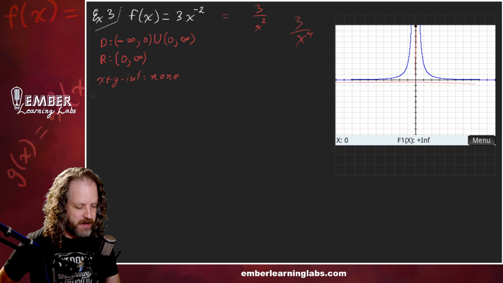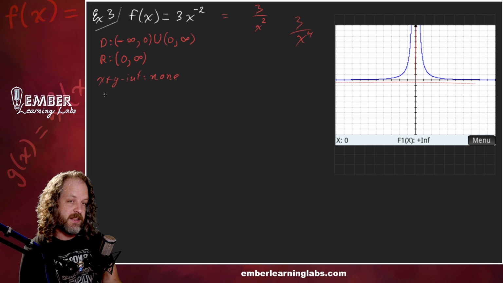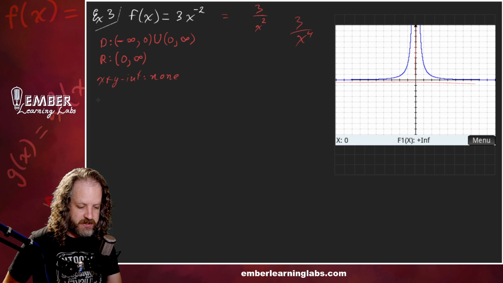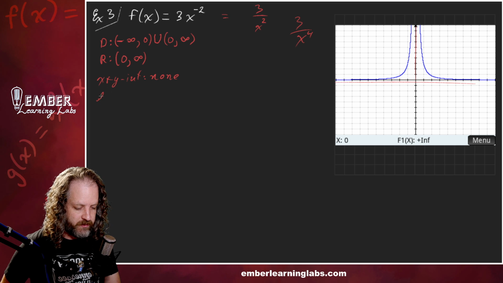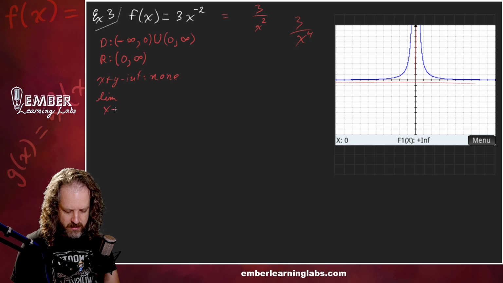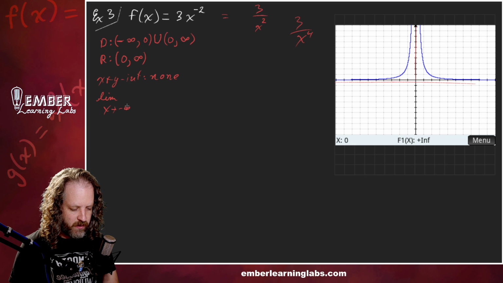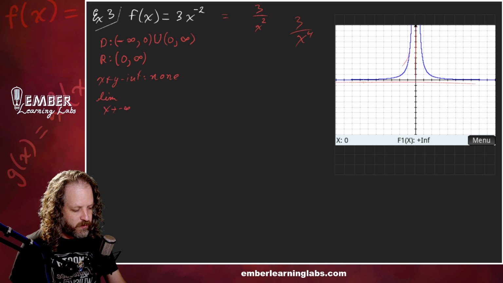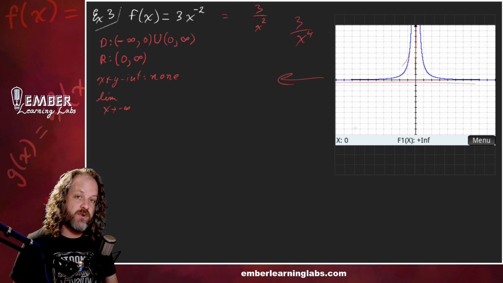So the end behavior in this case is going to be similar in both directions, but it's going to be different than our other ones. So the limit as x approaches negative infinity: let's think through what's happening here. As we get further and further in this direction, where is it approaching?